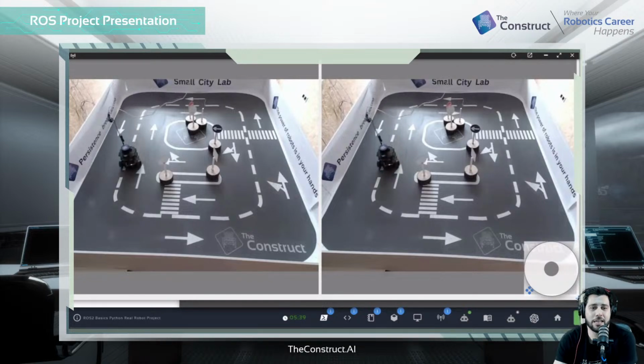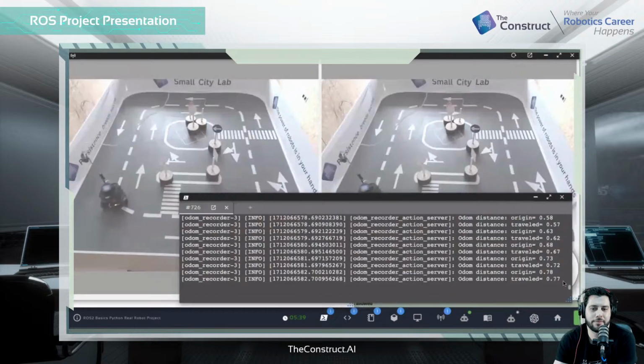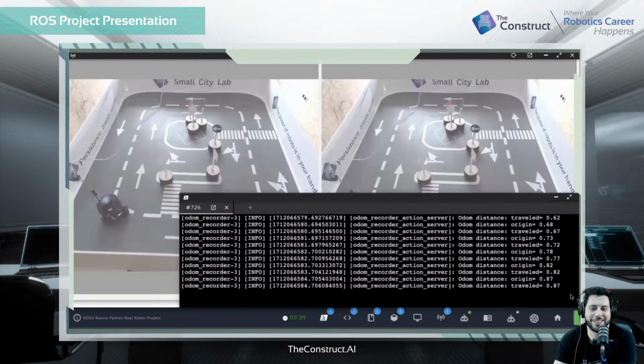And is there any information you're receiving about this program? Yeah, so right now we're recording the distance it travels and also the distance from the origin, the place where it started.